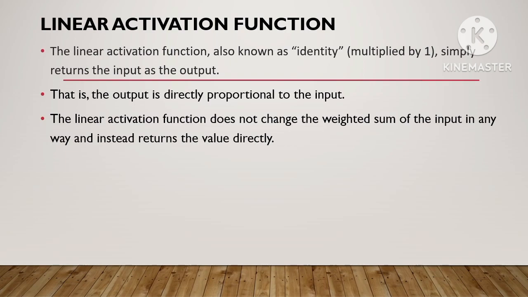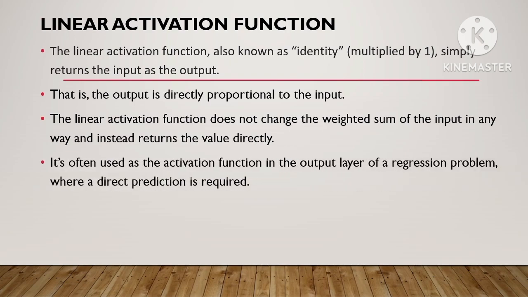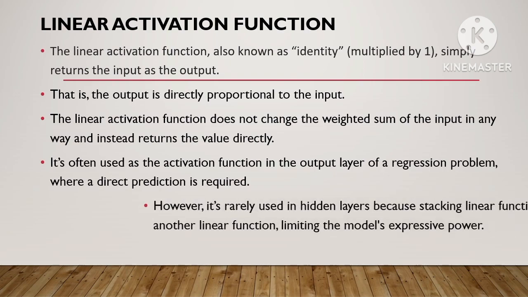It does not change the weighted sum of the input in any way, and instead returns the values directly. It is often used as the activation function in the output layer of a regression problem, where a direct prediction is required.